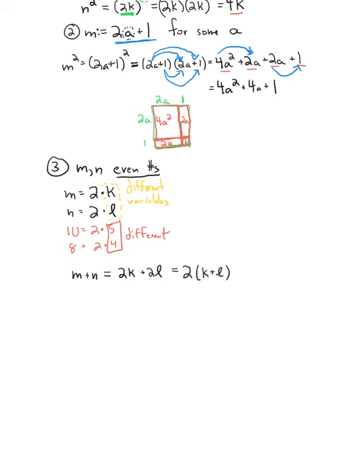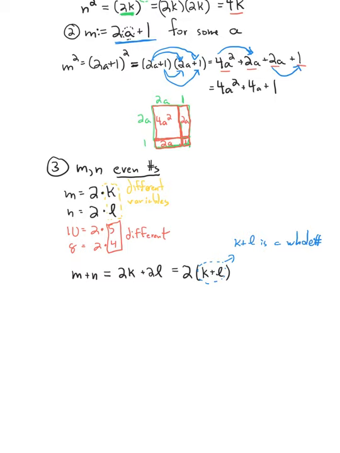And if you think about that, what is this saying? Well, this is saying if I add m plus n, I end up with 2 times some number. Look at this: k plus l, both of these are whole numbers. K plus l is a whole number. If you add two whole numbers, you get a whole number.